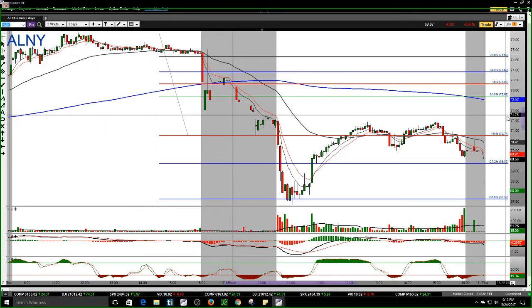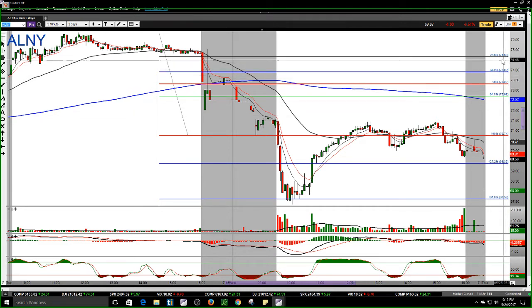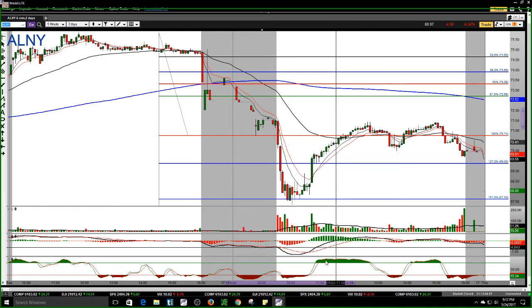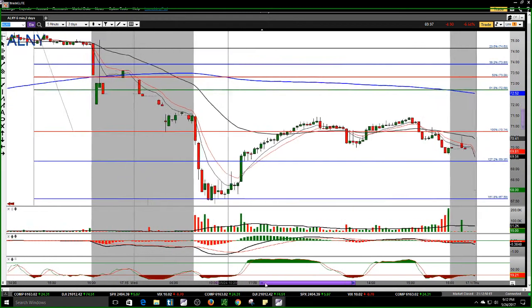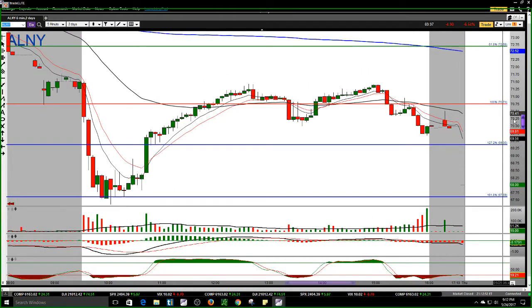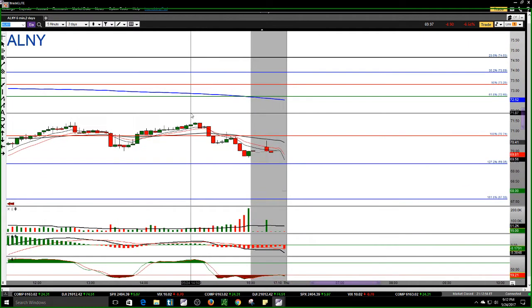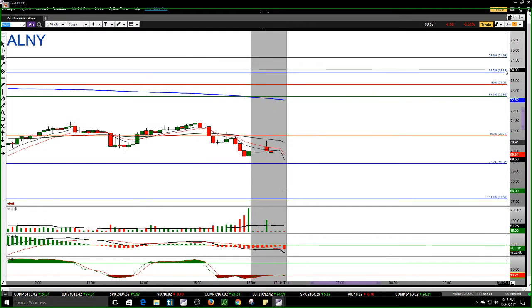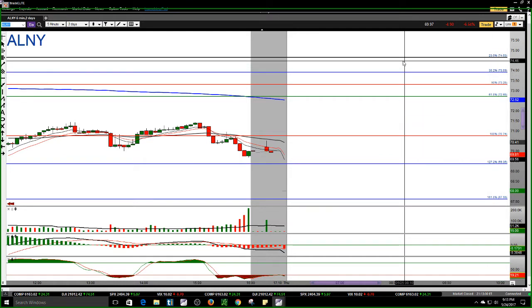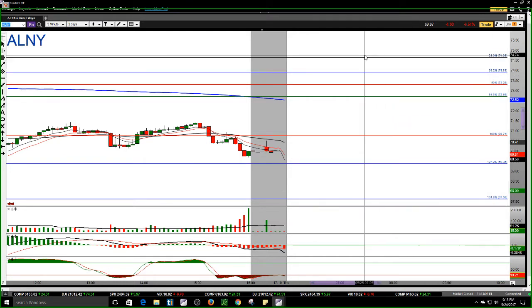You'll see the prices on the side, depends on which platform you're using. And you'll see the Fibonacci numbers. So let's go into the Fibonacci numbers a little bit. However you color coordinate them, because I can change the colors of my fibs, right? The lines.